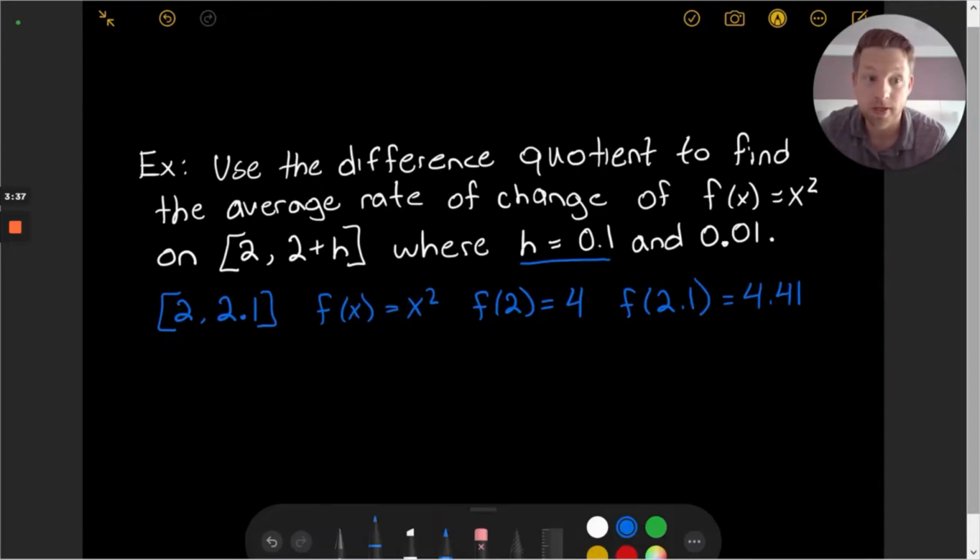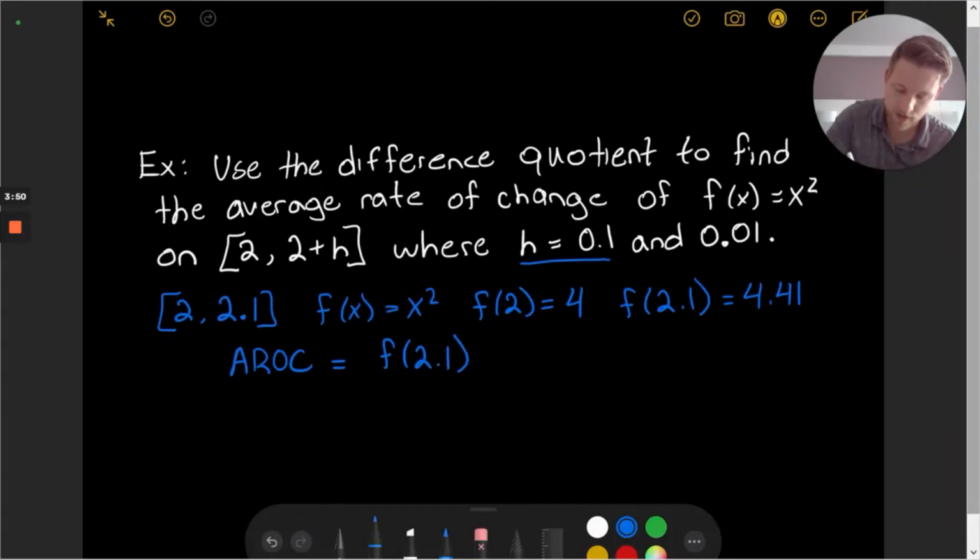So let's put it all together. We know that the average rate of change over this first interval is going to be equal to f of 2.1 minus f of 2 divided by, for our difference quotient, we just divide by the value of h. And in this case, our value of h is 0.1.